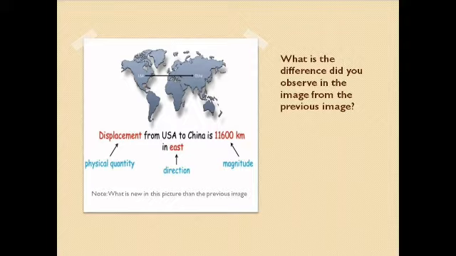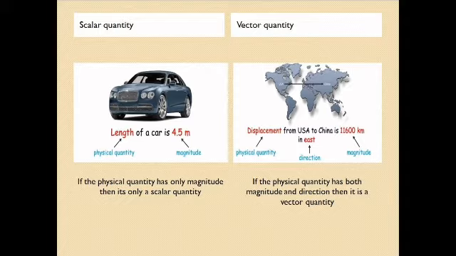So it is a quantity which is having magnitude along with the direction. So we have observed that in the first example the physical quantity had only the magnitude, but in the second example the physical quantity had both magnitude and direction.